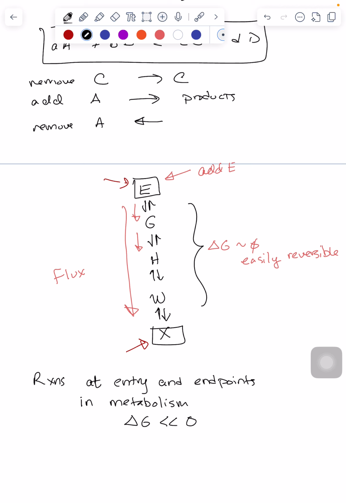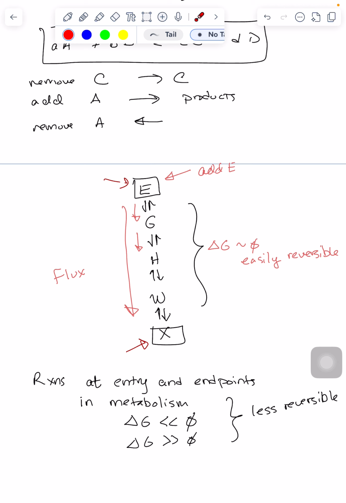Could be a lot less than zero, could be a lot greater than zero. But these tend to be less reversible. And so they control flux through the entire pathway.